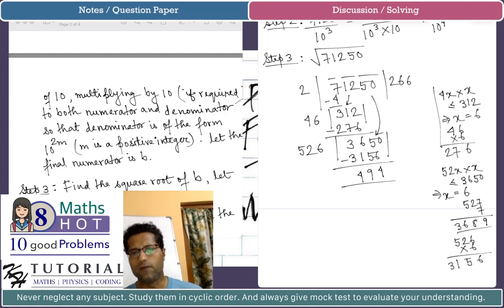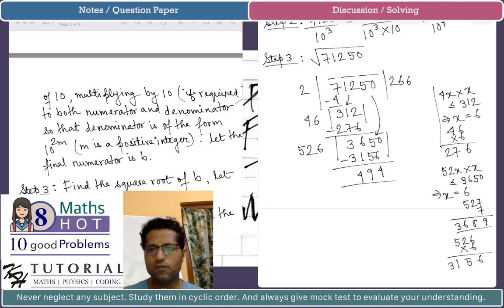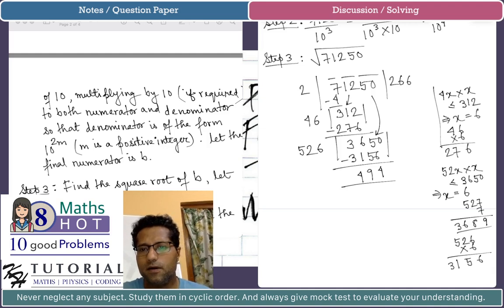All the periods are exhausted, so now we have to put a decimal point in the given main number, that is 71250. We will put a decimal point and add, let's say, 2 periods of zeros, and there will also be a decimal point in the quotient.